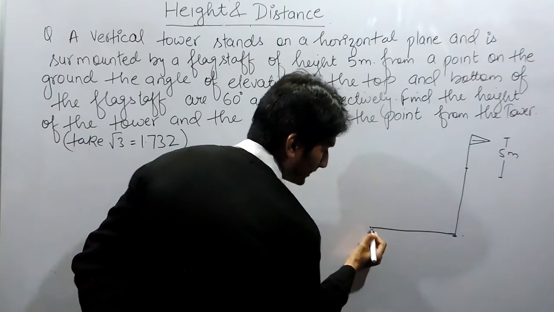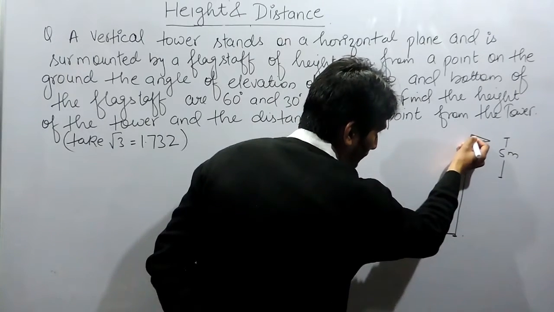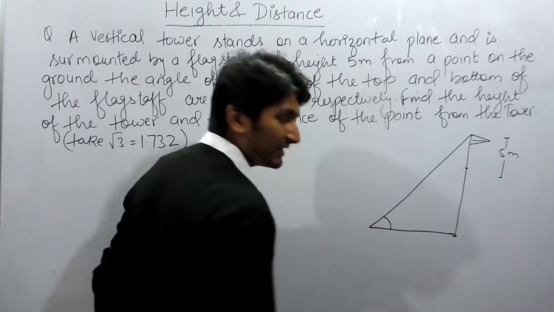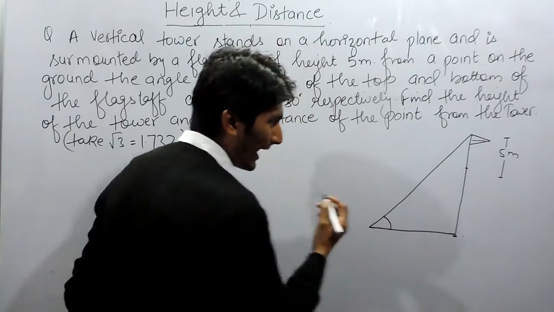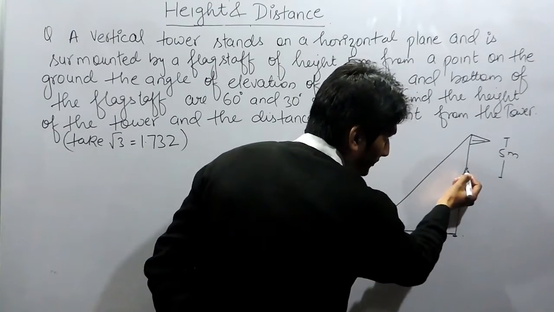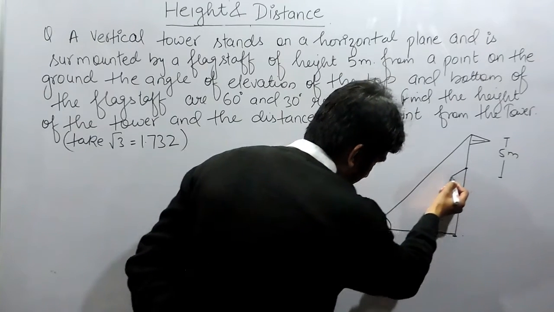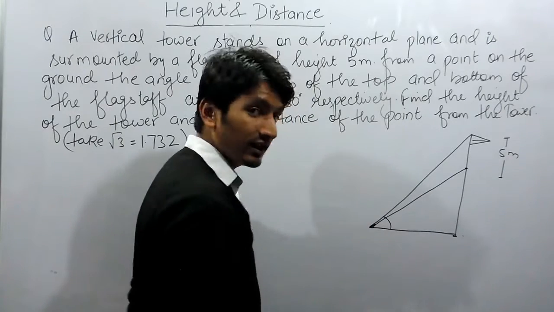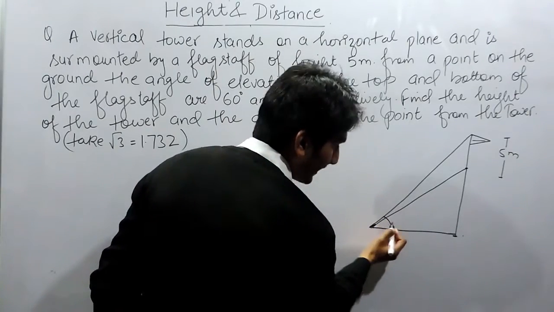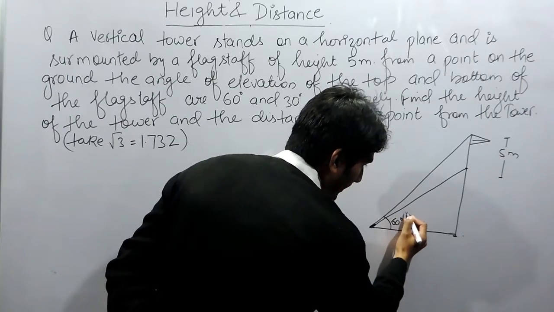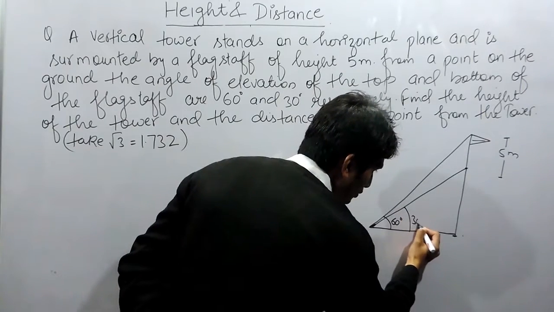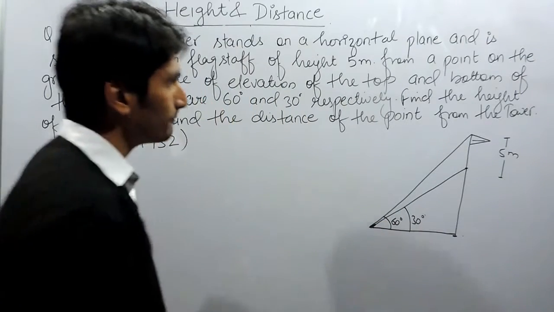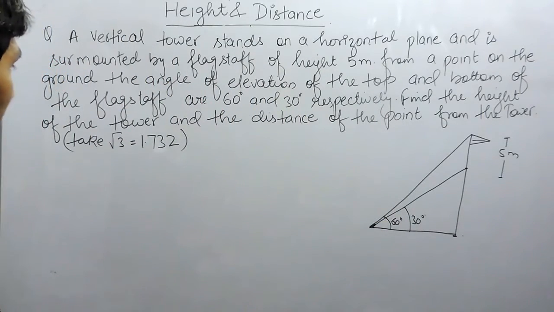If from this point I see the top, my line of sight makes an angle of 60 degrees, and if I look at the bottom of this flagstaff, the angle of elevation here is 30 degrees. So this bigger angle is equal to 60 degrees and this smaller angle is equal to 30 degrees.